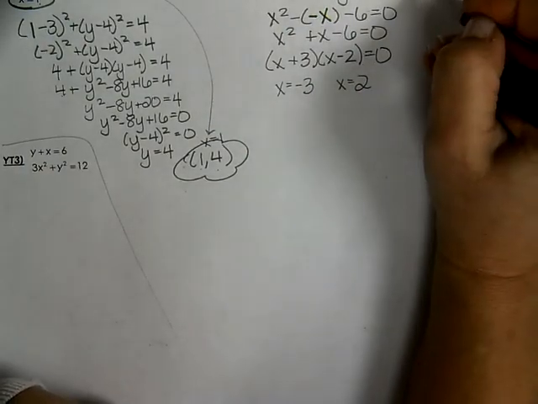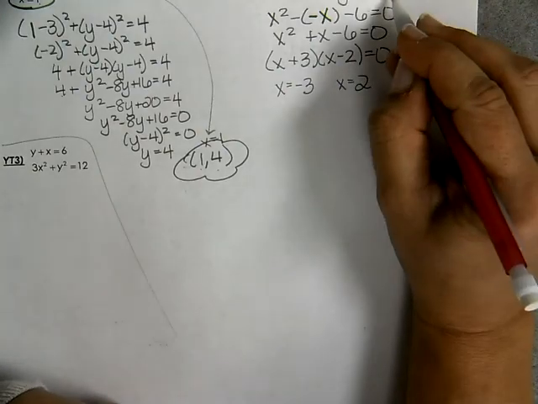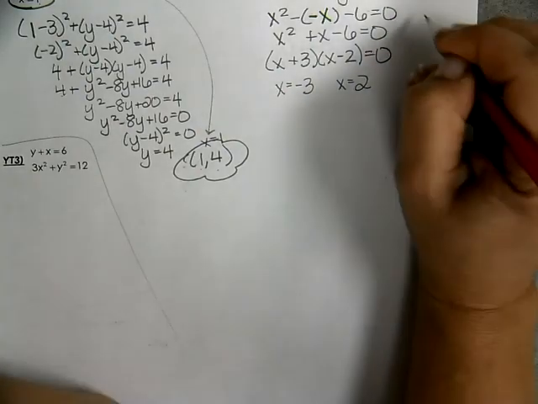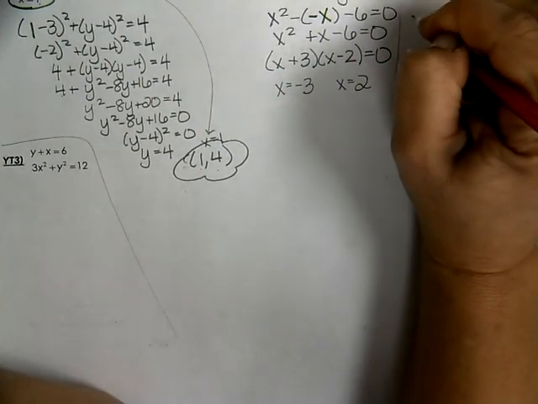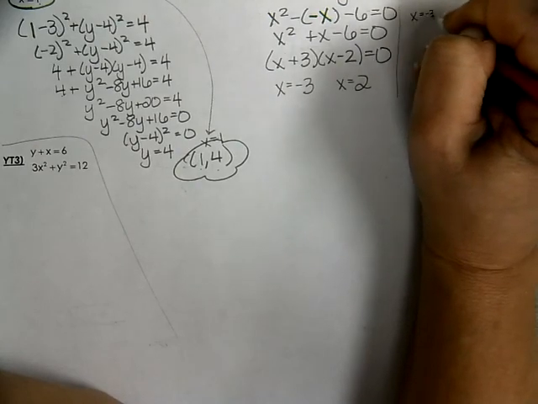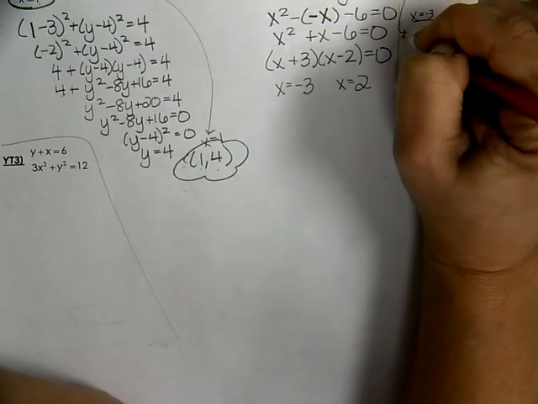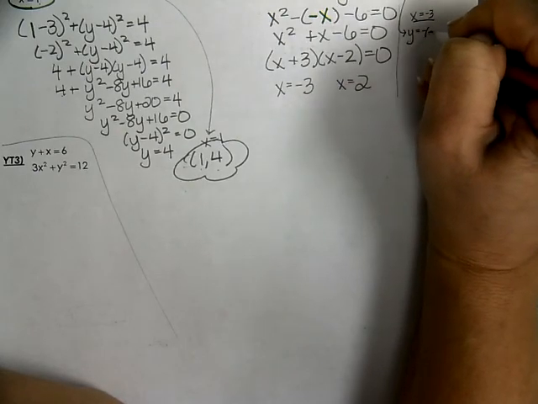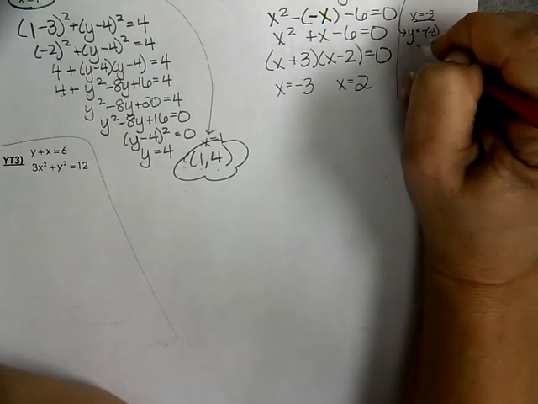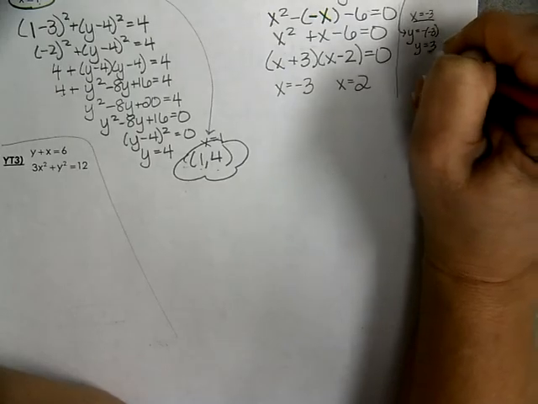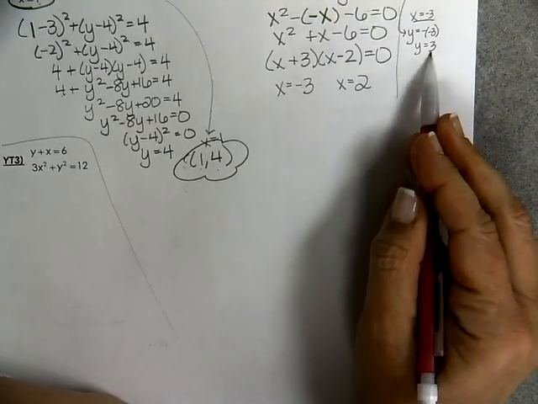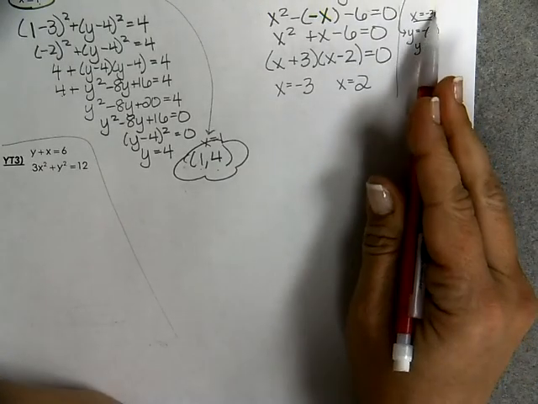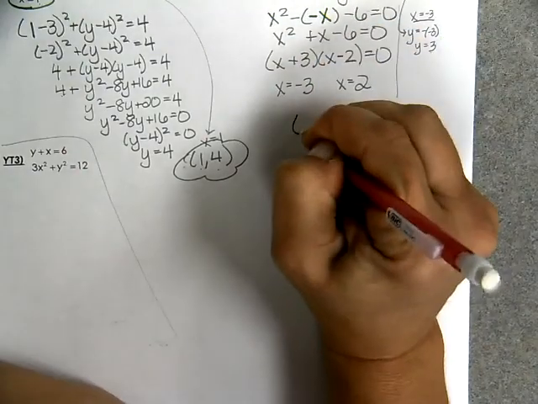But remember, we need to use this to find out what the y values are, okay? So one of my x values was x equals negative 3. When I put that in, y equals negative x, notice I get that y equals positive 3. So that means one of my solutions is negative 3, positive 3.